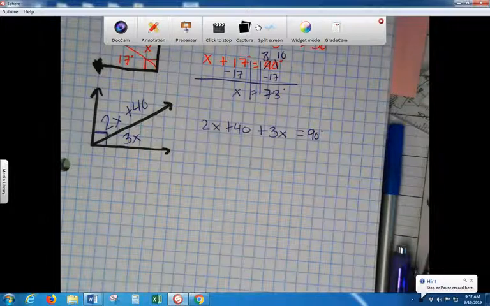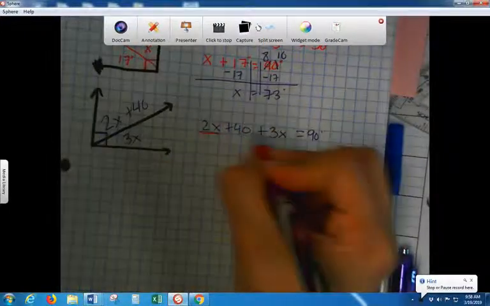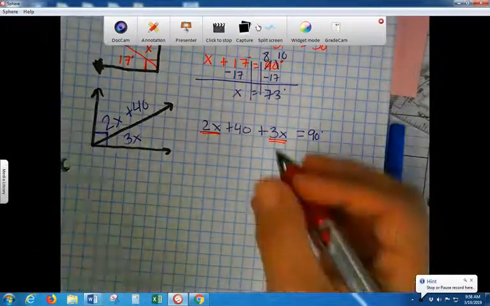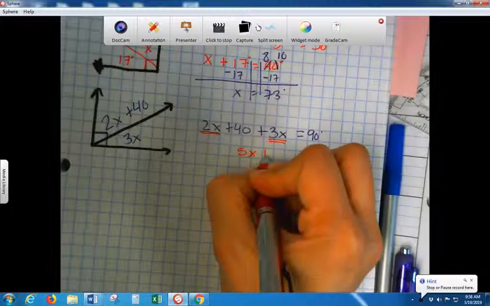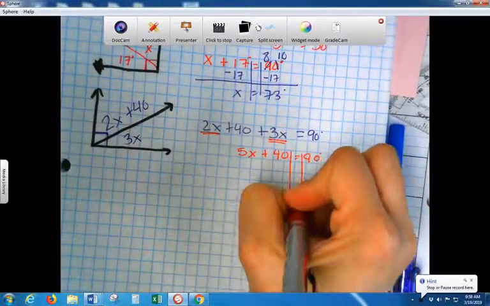So it's very similar to this, it just looks longer and harder, but you're still going to be doing the same thing. Now, Shade was correct in telling me that 2x and 3x together make 5x plus 40 equals 90. This is why we write them down like equations.